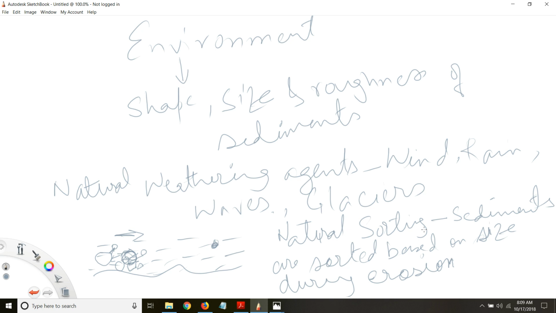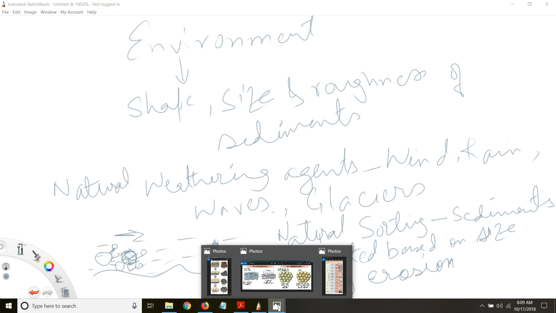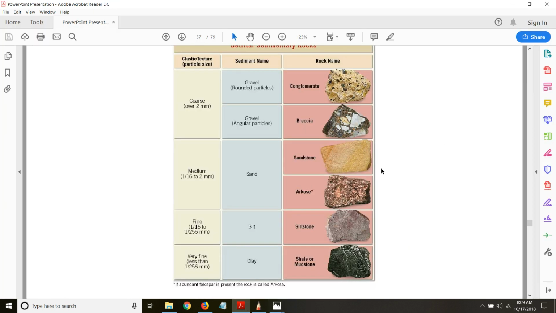The sediments also break down to become smaller in size as they stay longer with this natural weathering agent. That is why we have all these different sizes of sediments in sedimentary rock, and the size, smoothness, and texture of the sediments will tell you the environment in which they were formed.